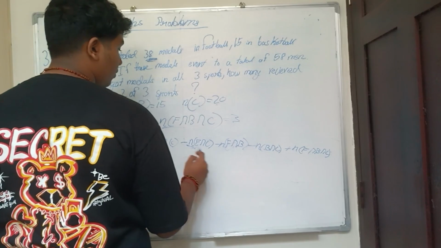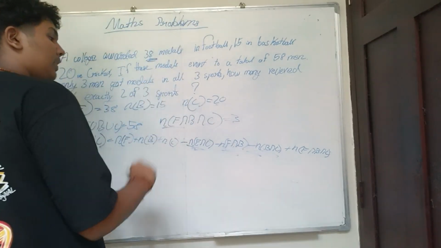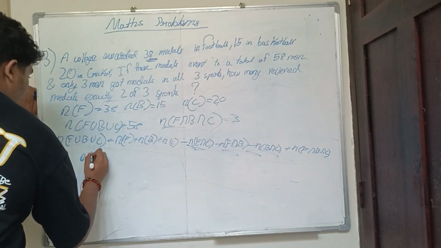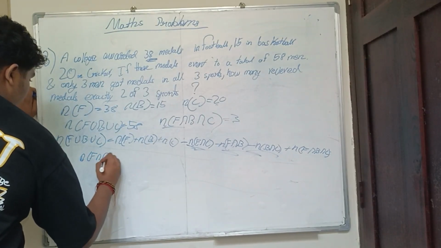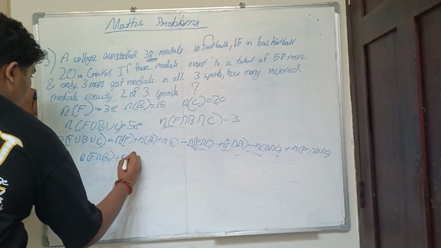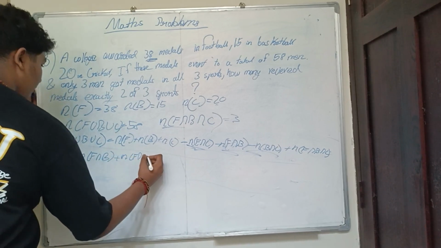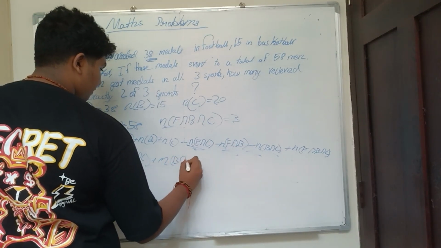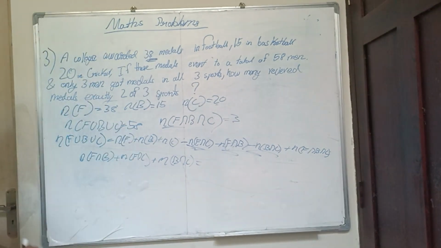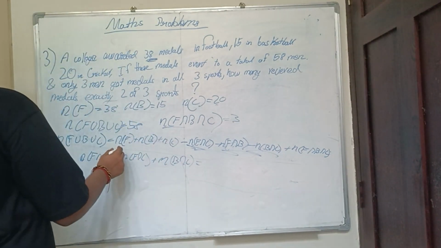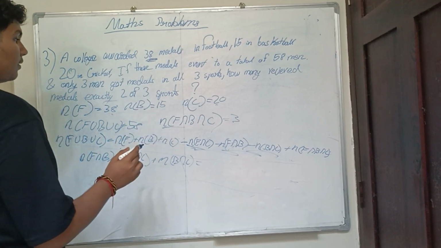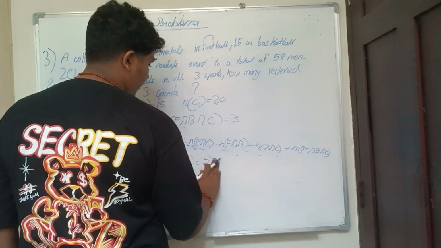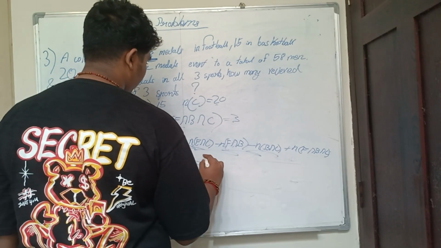So all those whose values we have not found, take them to the other side. That is n of F plus n of B plus n of C minus n of F union B union C, which is 58, plus 3, is equal to the sum of the pairwise intersections. So 38 plus 15, what is that? 53, right? So 53 plus 20, 73.